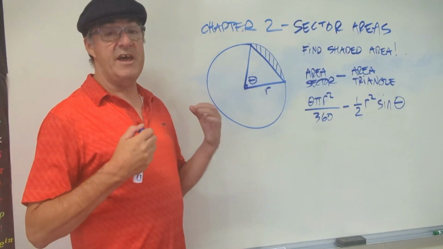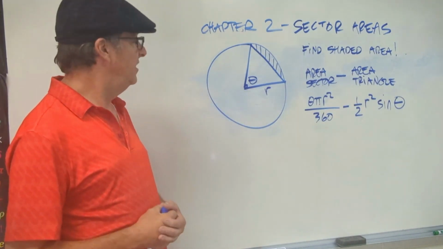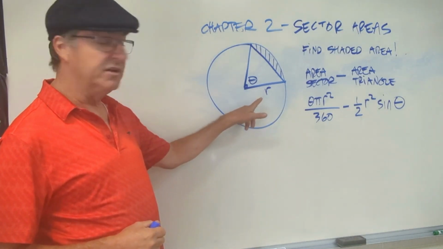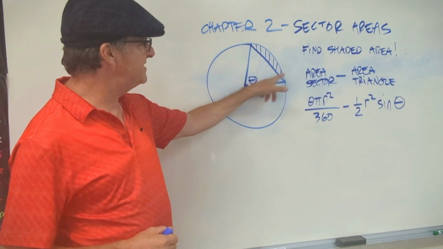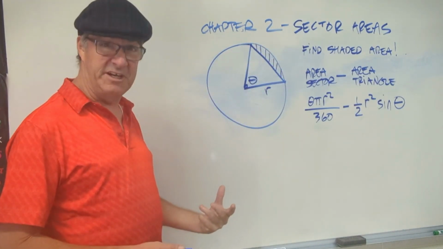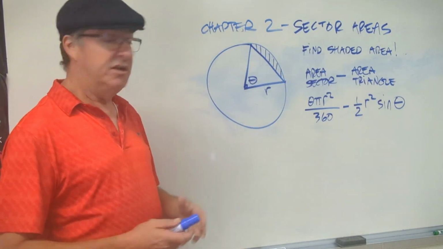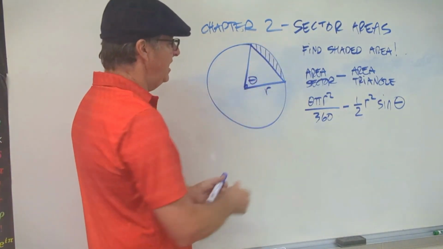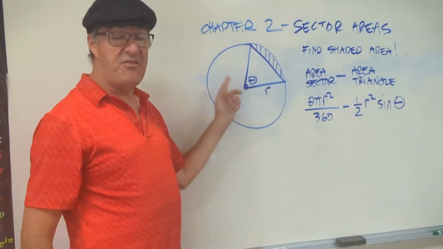All right, let's take a look at a more complicated variation on finding sector area. So what we saw is we had several different triangles or several different figures where they asked us to find the area of this little shaded area. And that's kind of funny. There's really no formula for that area. But fortunately, we have a formula for the whole sector, and we have a formula for the area of this little triangle that's described by theta there.